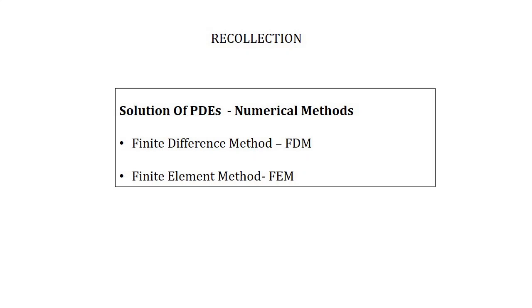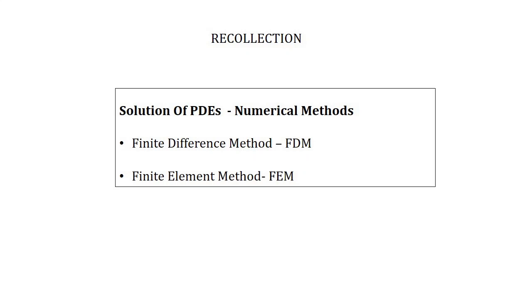In FDM, we replace the derivatives occurring in the partial differential equations by means of their finite difference approximations, and then we solve the resulting linear system of equations by a standard procedure.